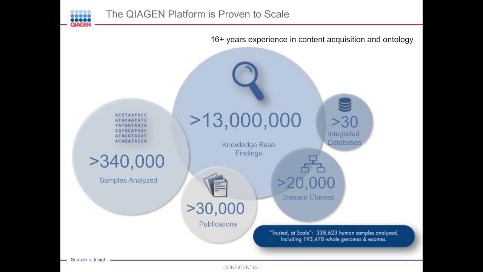And this number of samples analyzed is actually pretty old, because this is just one of the software, and we have already analyzed over 420,000 samples. In total, in our unit there are close to 350 people working on bioinformatics, and that shows you that QIAGEN is not a small company for offering bioinformatics software.